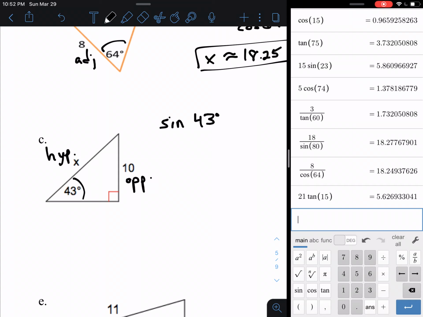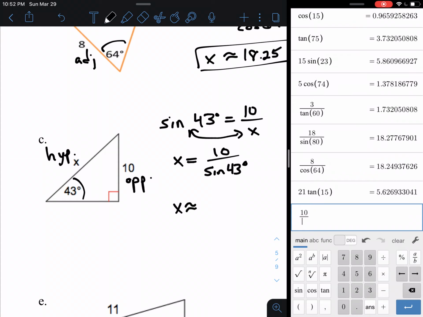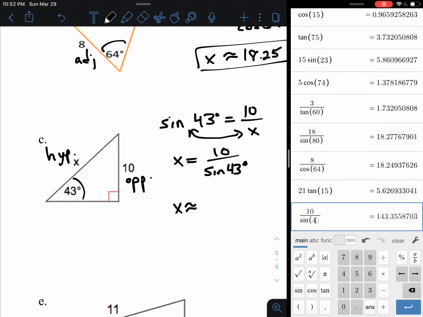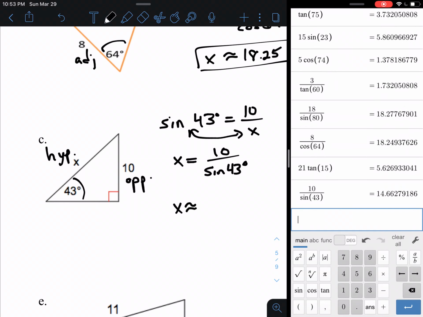So we're going to say sine of 43 degrees is equal to opposite divided by hypotenuse. Now again, since the variable is in your denominator, to solve you'll just swap it with the sine of 43 degrees. And so we know x is equal to 10 divided by the sine of 43. And so then we can type that into a calculator and get our decimal approximation. 10 divided by sine of 43 is approximately 14.66.